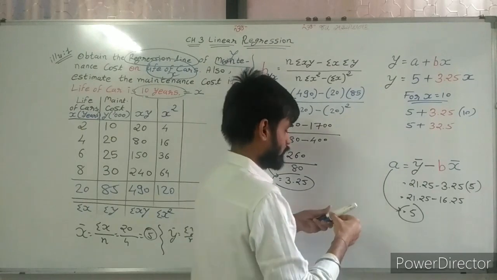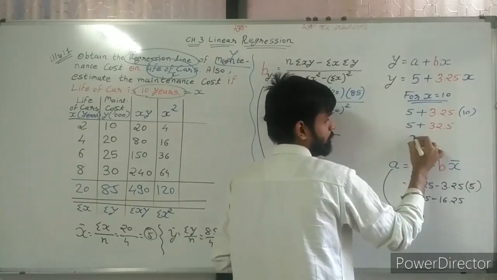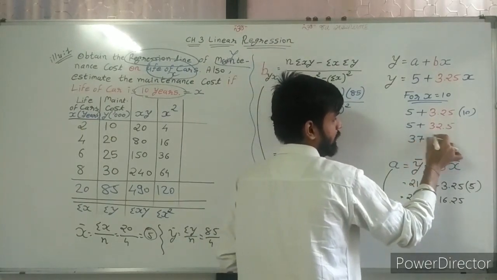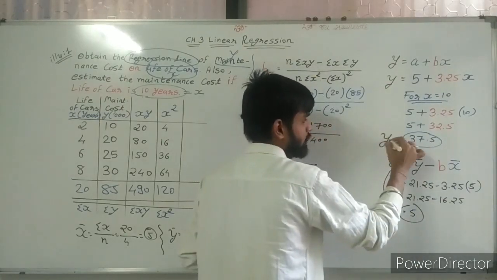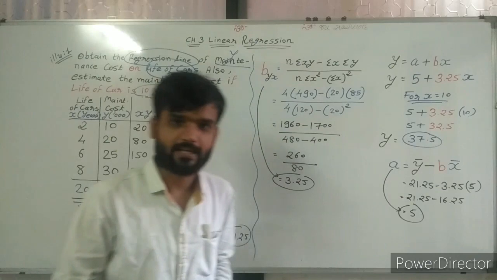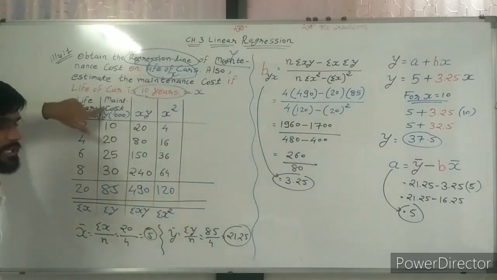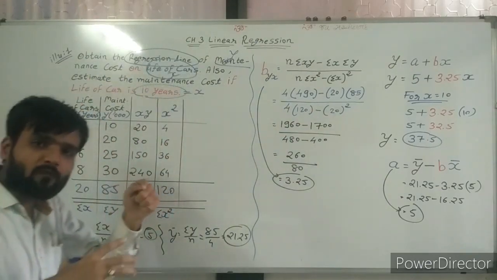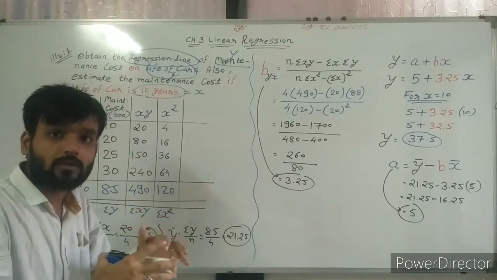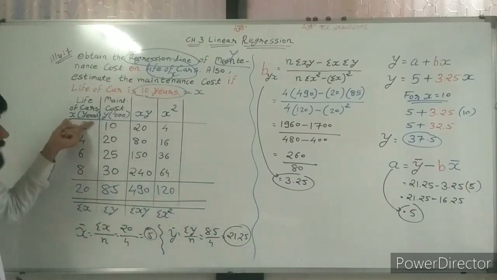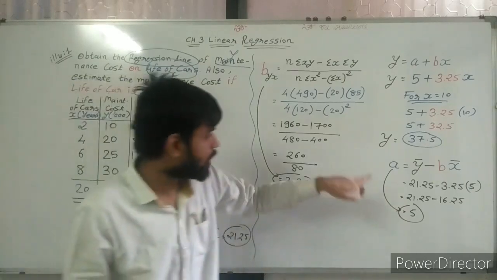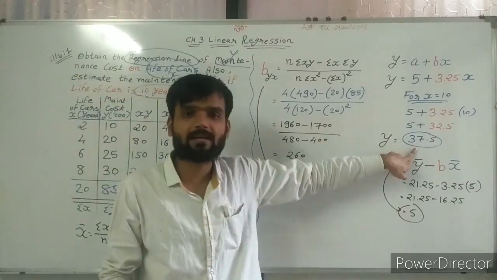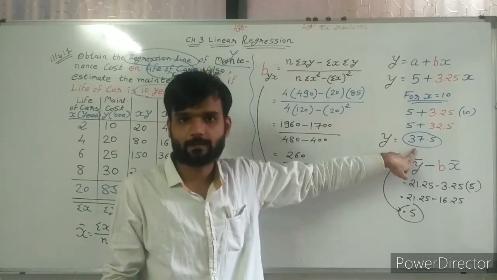Now total of these two, 32.5 plus 5, 37.5. So this is the estimated value of Y, means estimated value of maintenance cost. When life of car will be 10 years, then maintenance cost is 37,500 rupees.